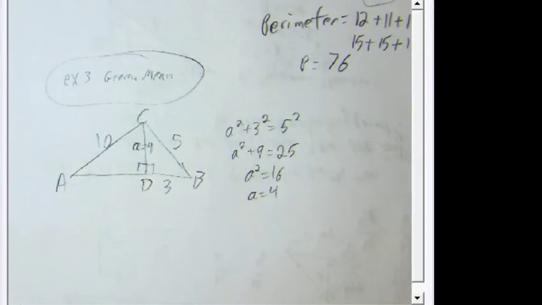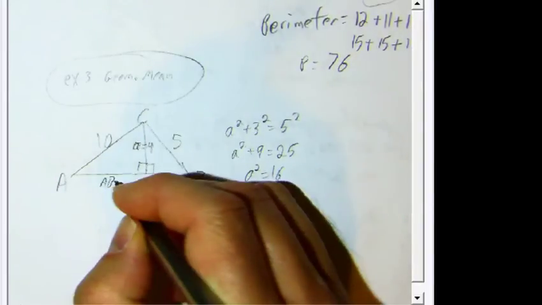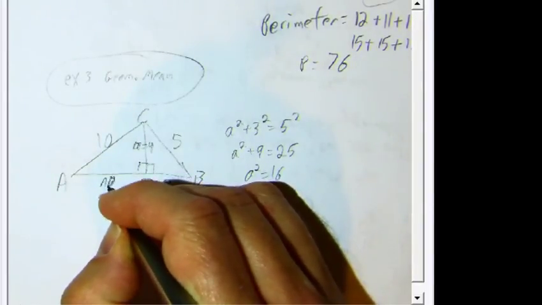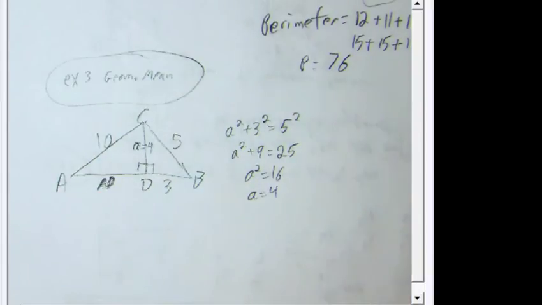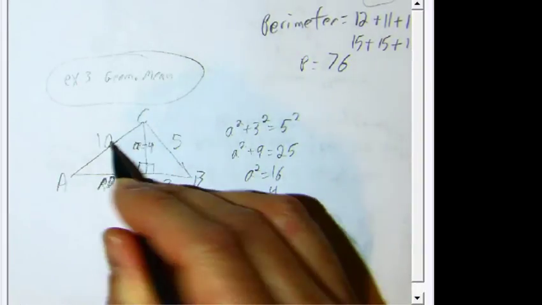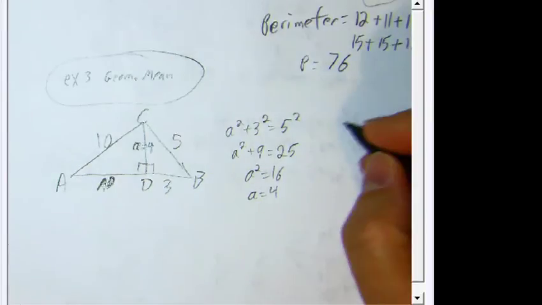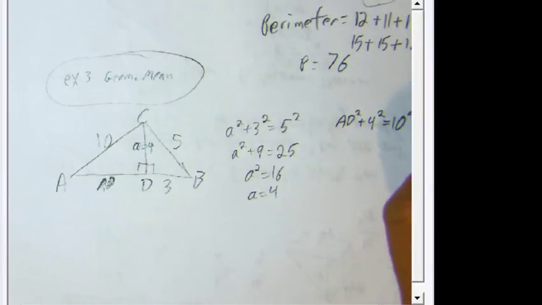Now that I have a equals 4, what I'm ultimately looking for is this AD number right here. So to get AD, I'm going to use the Pythagorean theorem again: AD squared plus 4 squared equals 10 squared.